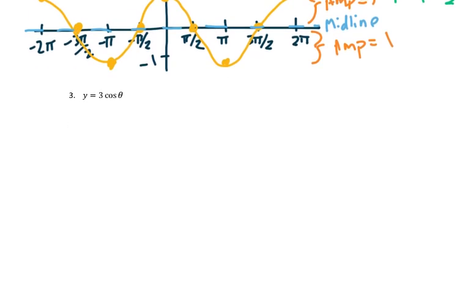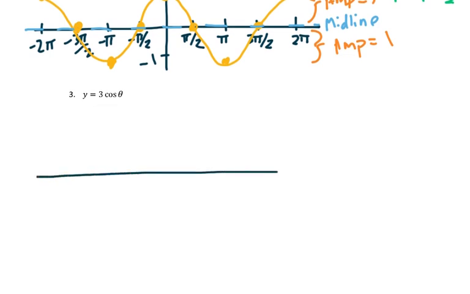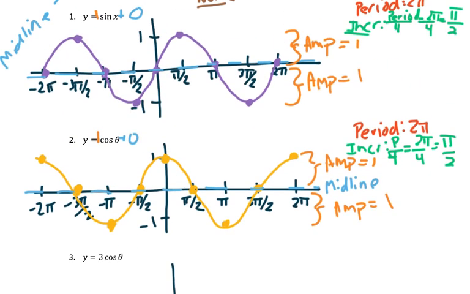All right, so let's look at y equals 3 cosine of theta. Oh, let's go back for a sec. An important distinction between these two. How do we know the difference between these two without having to go back and look at our unit circle every time? Sine starts on the midline. We started here.